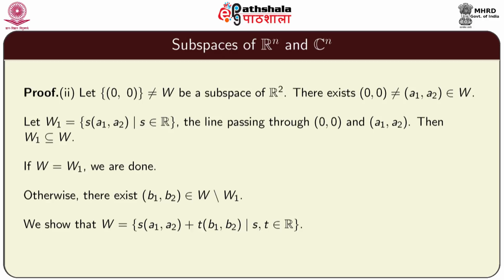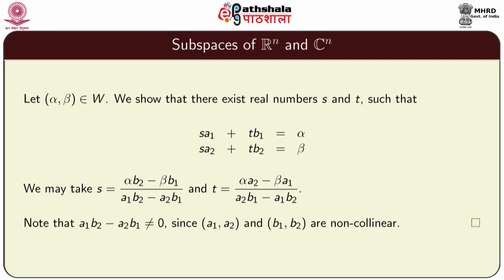Otherwise, there would exist an element (B1, B2) which is in W but not in W1, and now we show that W is of this form, that is, S(A1, A2) plus T(B1, B2), where S and T belong to R. Let (alpha, beta) belong to W. We show that there exist real numbers S and T such that S A1 plus T B1 is equal to alpha and S A2 plus T B2 is equal to beta.